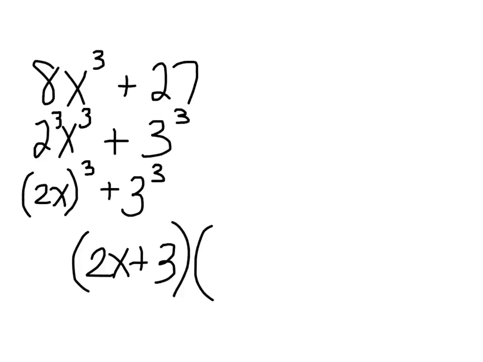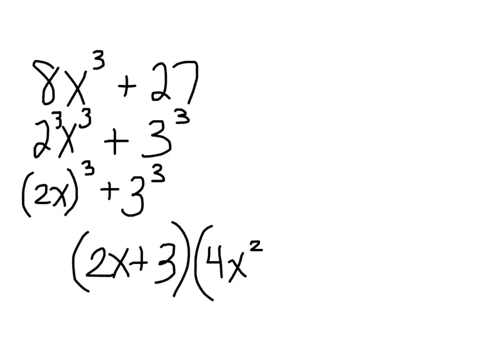Then you square it. What's 2x squared? Be careful. What, Hunter? 4x squared. Okay, why and how did you get 4x?